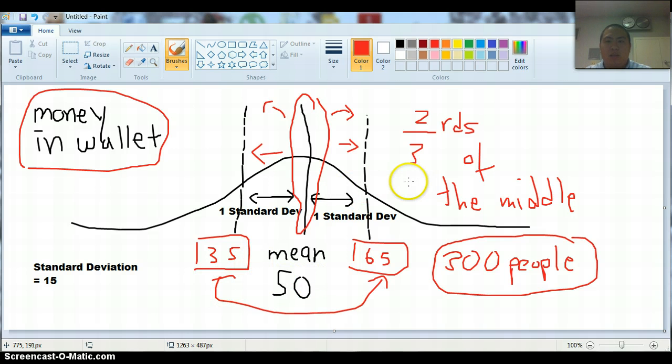Okay, keeping in mind that you have the mean and you have standard deviation to the left and to the right. What fraction of people will be between 35 to 65? And if I tell you there's 300 people, how many people are in there?